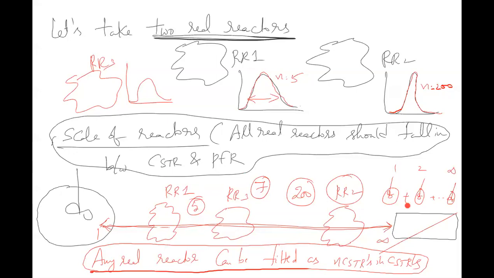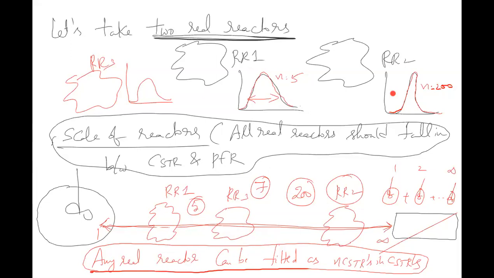So what I'm trying to explain, let me explain again. Let's take two real reactors. This real reactor has this RTD, this real reactor has this RTD. Now I need to model this as N CSTRs in series.